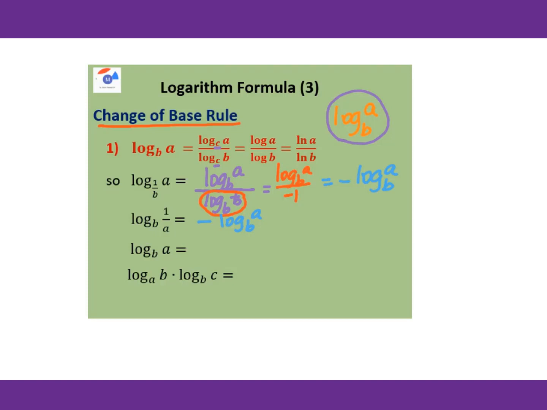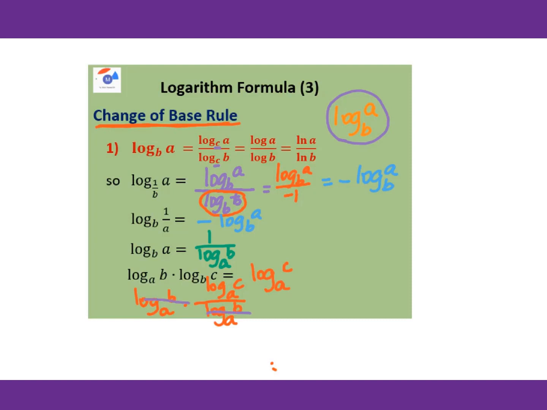And log base b of a will be equal to 1 over log base a of b. And for this formula, you will get log base a of c. Because you're using the change of base formula, you can write down log base a of b times log base b of c, over log base a of b.